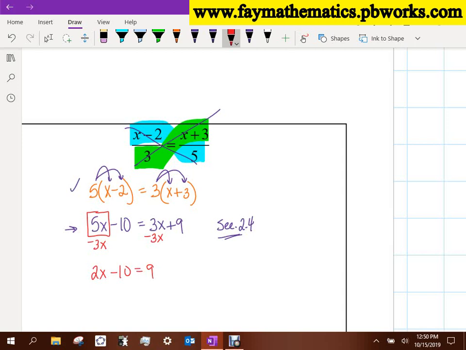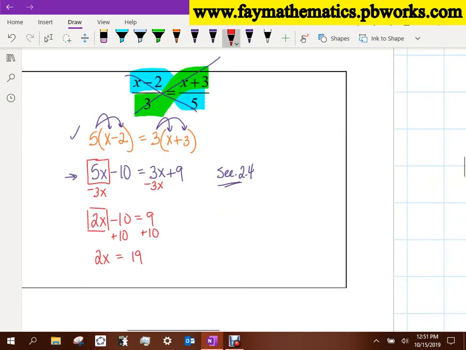So the overall goal is to get all my x's on one side by themselves. So I got all my x's on one side now, but they're not by themselves yet. So how do I get this minus 10 to go away? Add 10 here, and then you need to add 10 over here. So 2x equals 19.